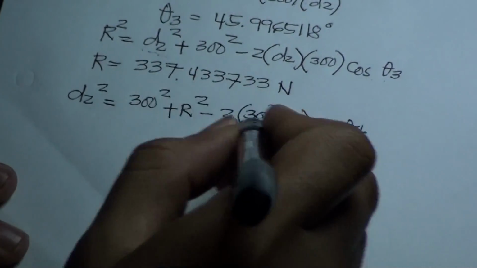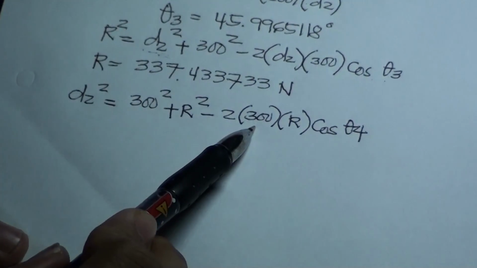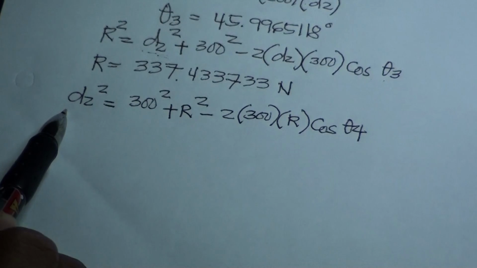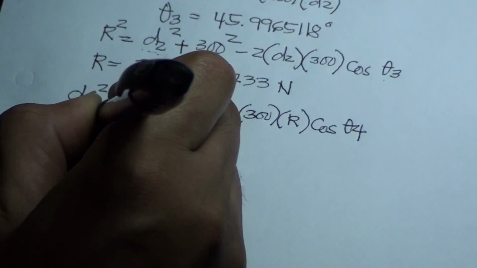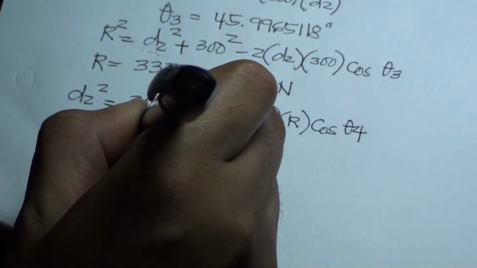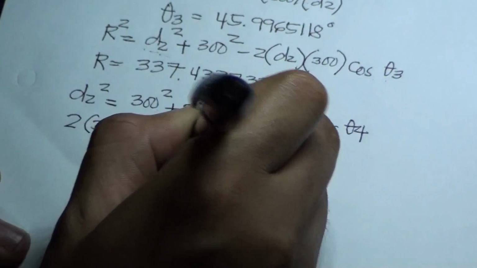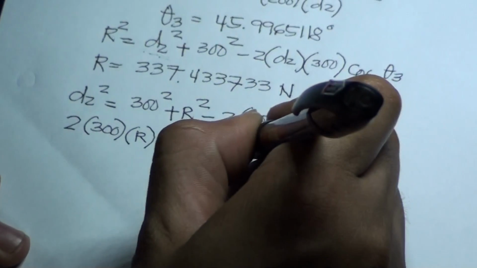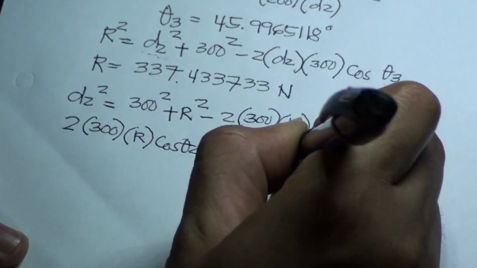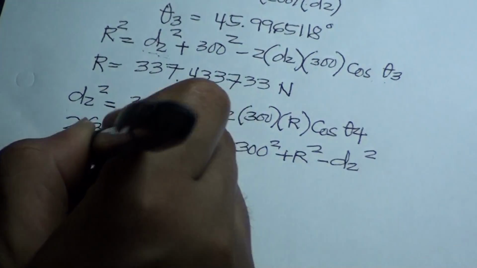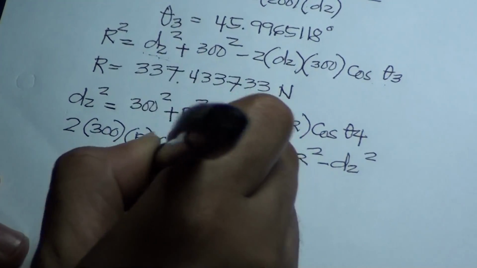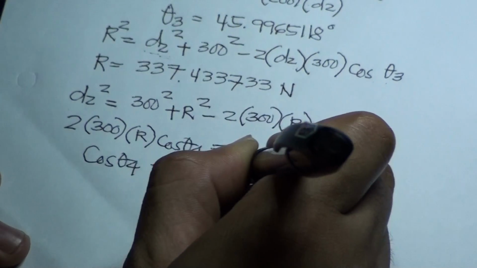Next, we can solve this, transfer this term to the other side of the equation, ending up with this expression on the left member of the equation, such that your cosine theta 4 term will be this expression.